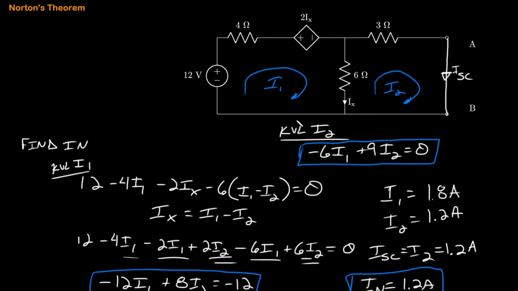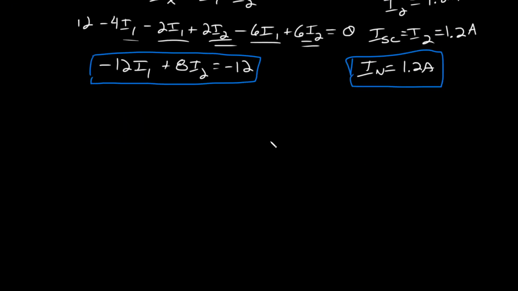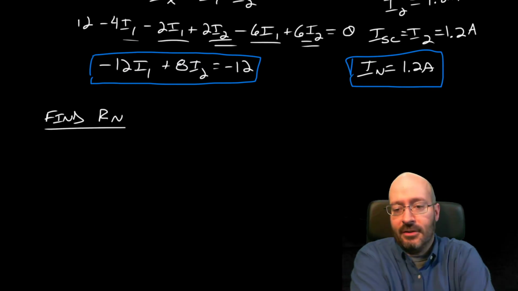Now in order to find R Norton, we've got to revert to the methods that we've been using to find R Thevenin.